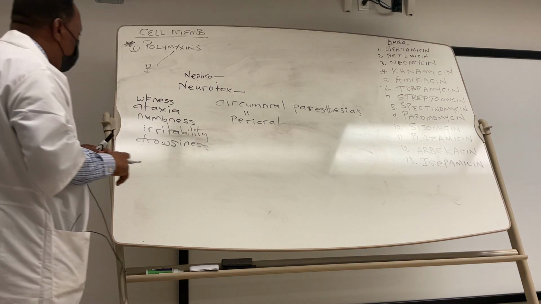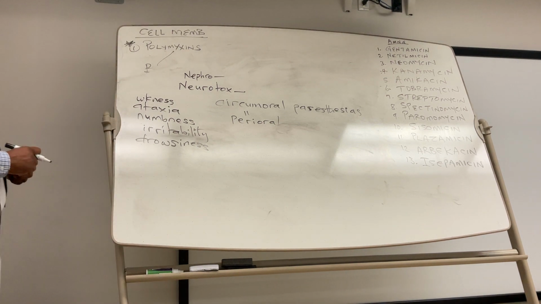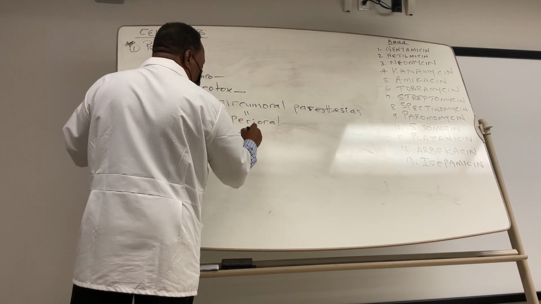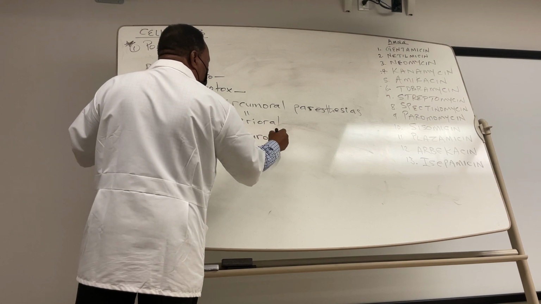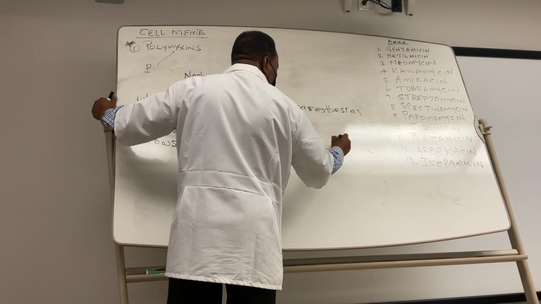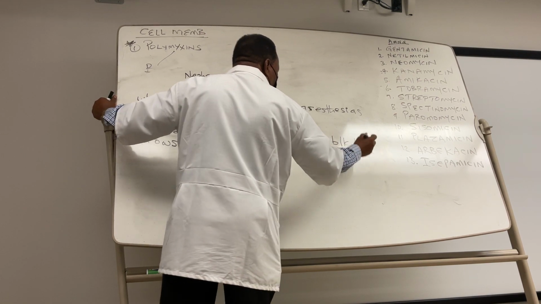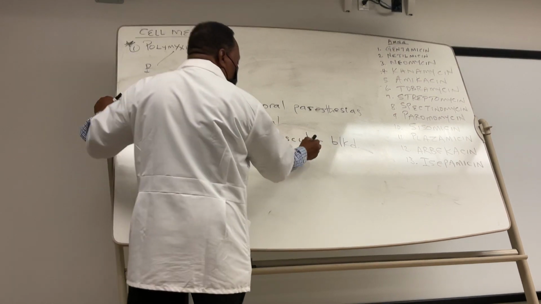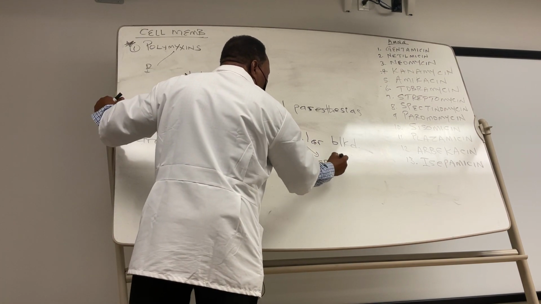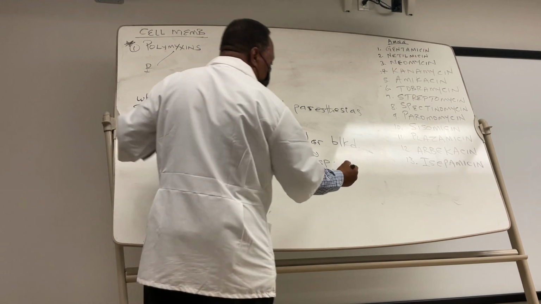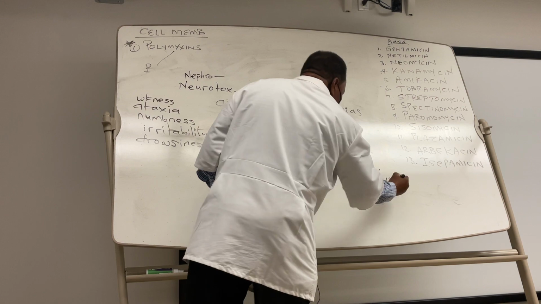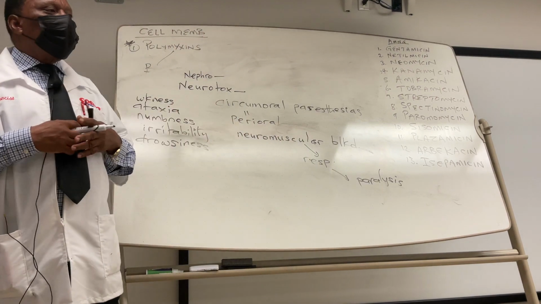And that is very easy to detect. And then you can get some neuromuscular blockade. This neuromuscular blockade, of course, can affect respiratory muscles, and that can then lead to a paralysis of those muscles of respiration.